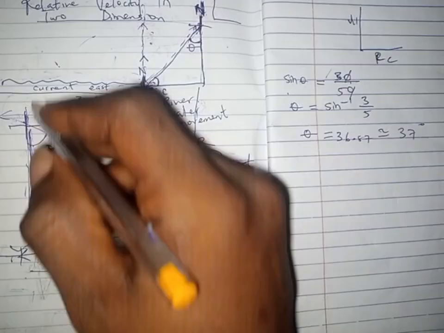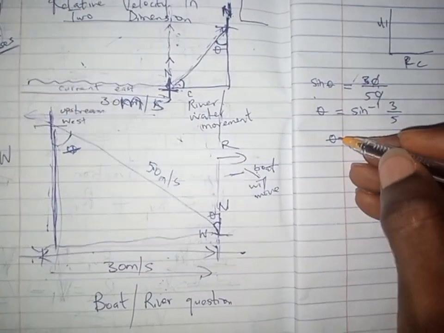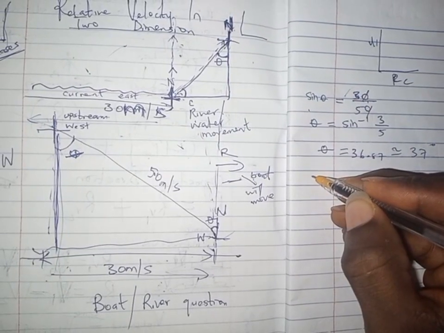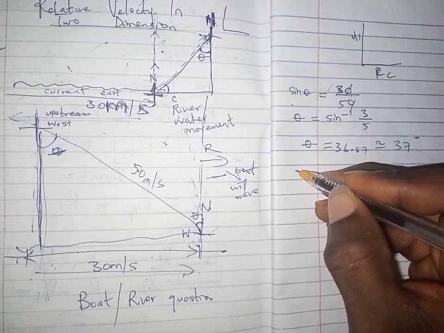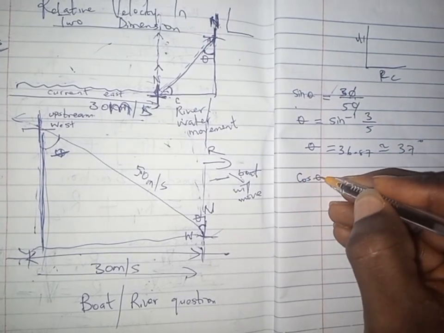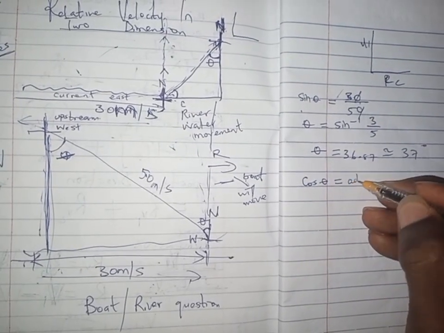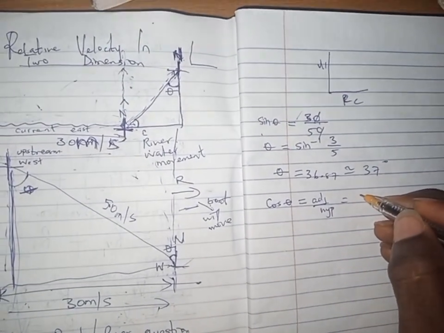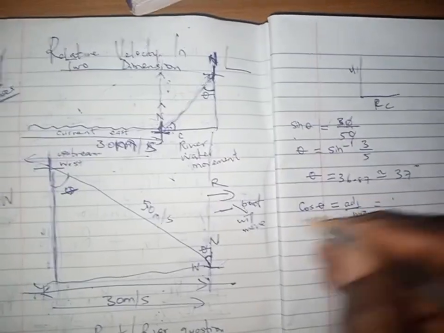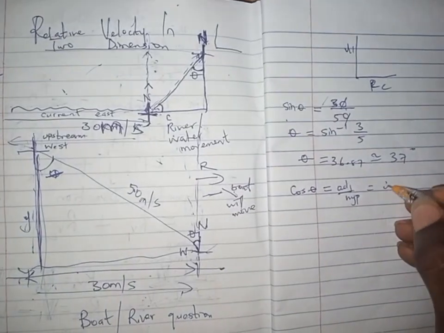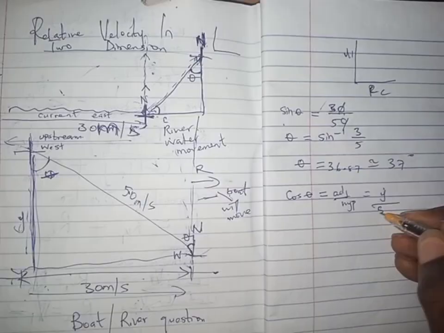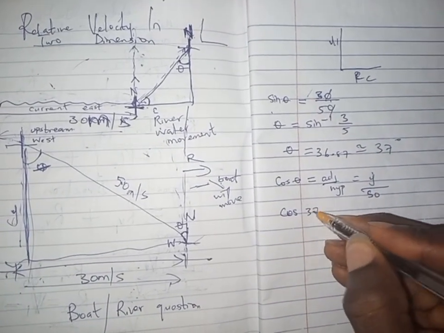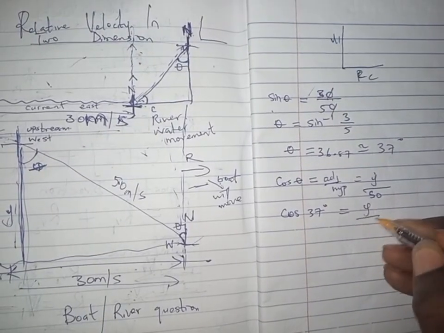And to find this axis, now that I have theta, I can do cos theta equals adjacent over hypotenuse, and that axis is the y-axis. So y over 50, and cos theta is the same thing as saying cos 37 degrees equals y over 50.